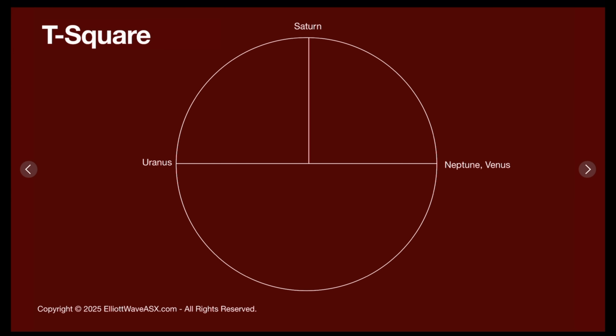This is a T-square where we have 3 or more planets in this setup, and I say 3 or more because we've got Neptune and Venus conjunct here.